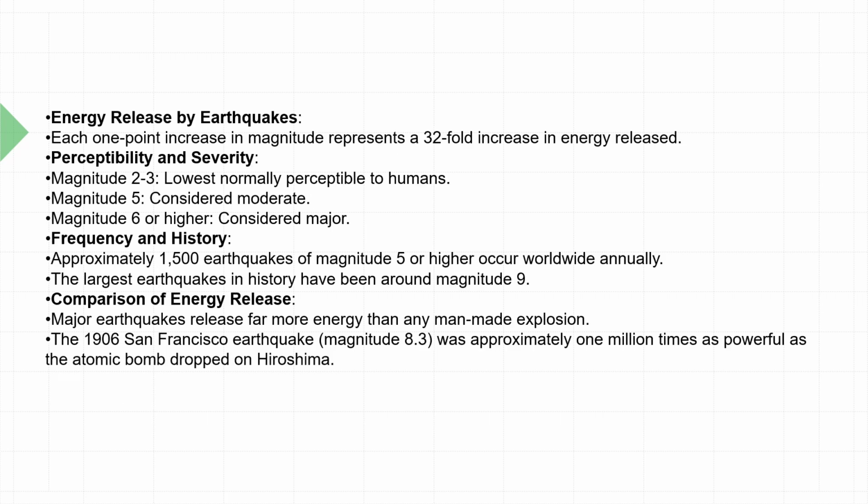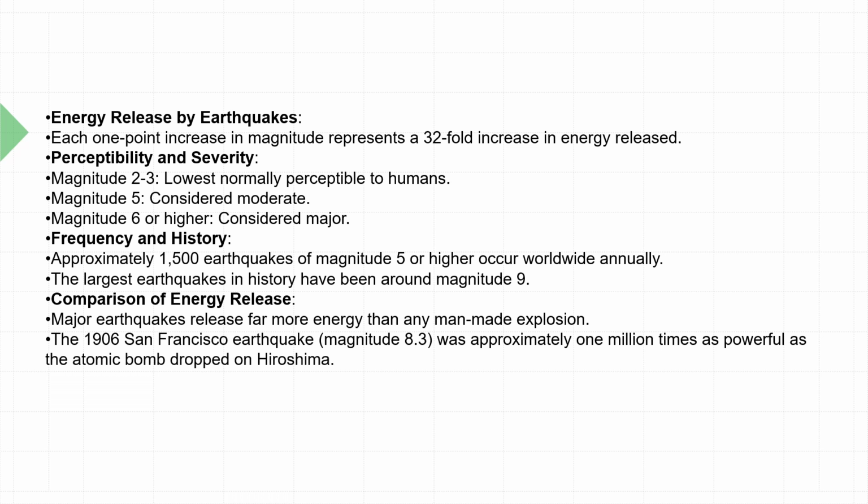Also, it means in terms of energy that the energy released by the 7 earthquake is 32 times more than the energy released by the 6 earthquake. This shows that the higher the number, the higher is the energy released, and higher will be the impact as well, depending on the duration of the earthquake.